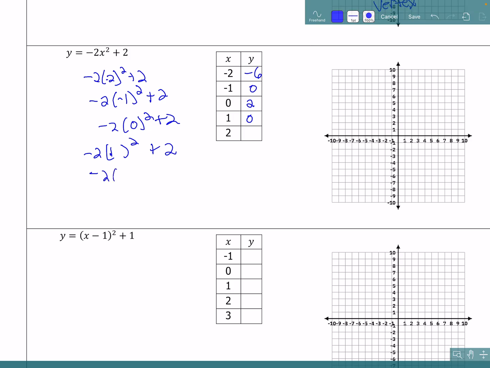And finally plugging in 2. And that gives me 6 again. So negative 2, negative 6. And we get this kind of parabola shape this time.